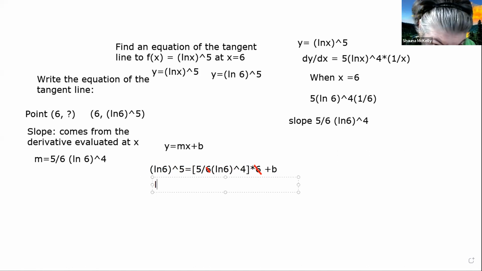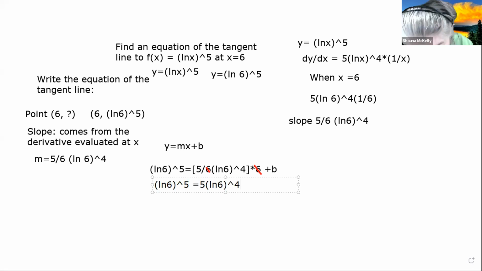I end up with ln 6 to the 5th equals 5 ln 6 to the 4th plus b.